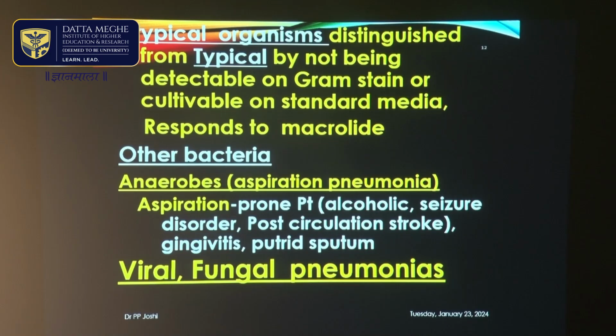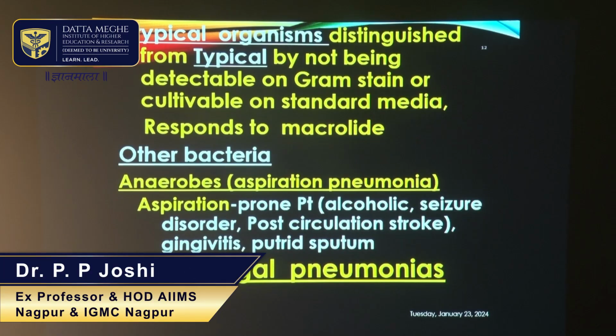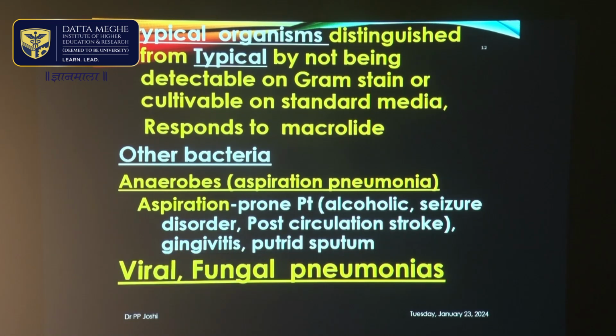In this situation, the patient is particularly prone to develop aspiration pneumonias, and these anaerobic organisms can cause pneumonia, and they give rise to halitosis, which means that there is a putrid, foul smelling sputum present. Other organisms which can cause pneumonia are viral and fungal pneumonias.